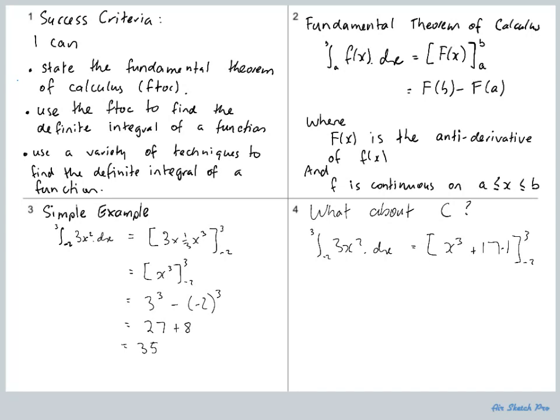So I know that's a true antiderivative of it. But when I apply the next step of finding the definite integral, let's have a look. We would have 3 cubed plus 17.1 minus -2 cubed plus 17.1, which equals 3 cubed, I'm deliberately not evaluating much yet, plus 17.1 minus -2 cubed, and minusing an addition is the same as subtracting, so it's minus 17.1.